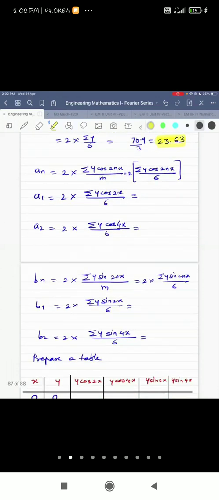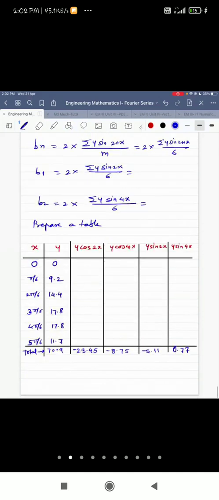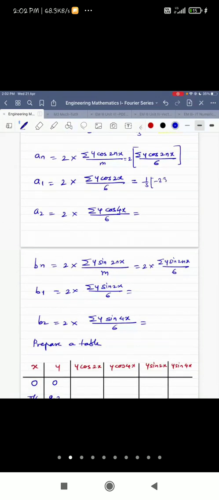Now you need A1. So for that, Anup has calculated, this is 1 by 3, and y cos 2x, what is y cos 2x? Minus 23.45. So what will be A1? Tell me.